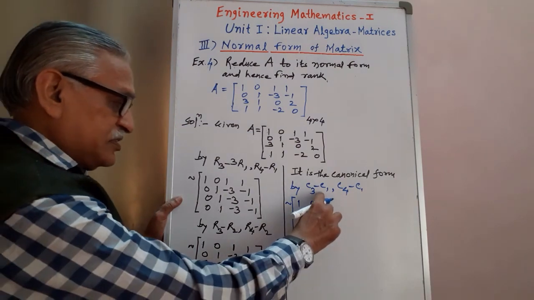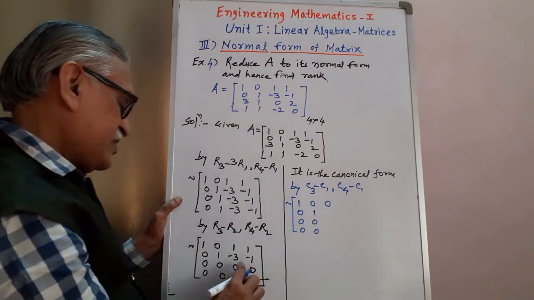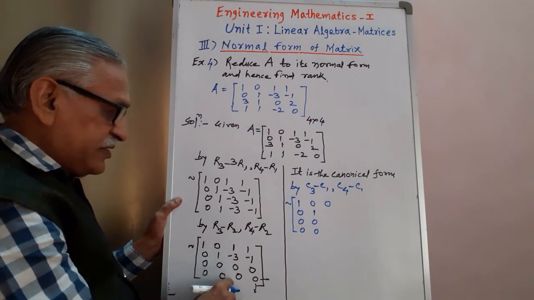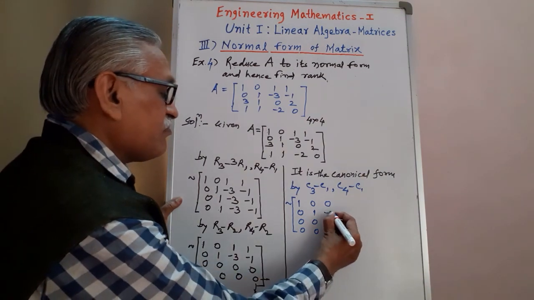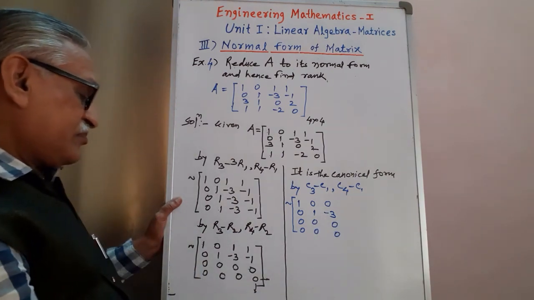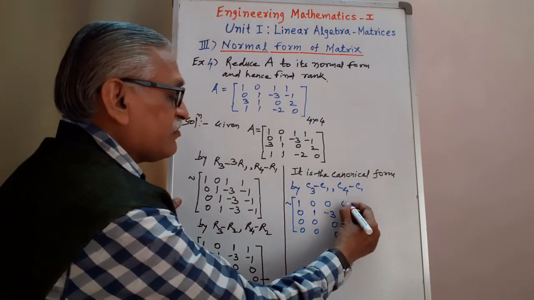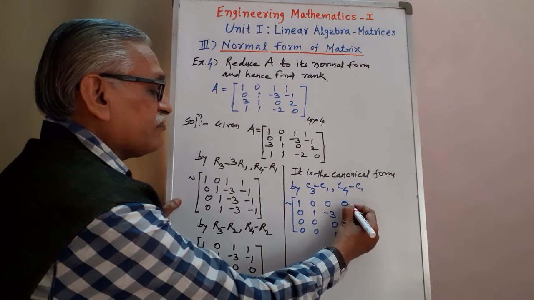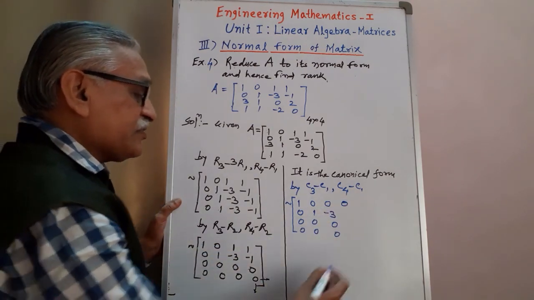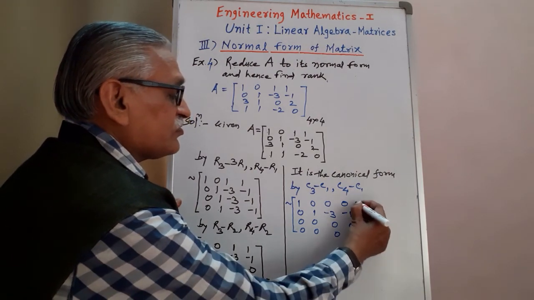Third, C3 minus C1, 1 minus 1, we get 0. And as all these three elements are 0, this remains as it is: minus 3 0 0. C4 minus C1, 1 minus 1, we get 0. And the remaining elements as they are: minus 1 0 0.